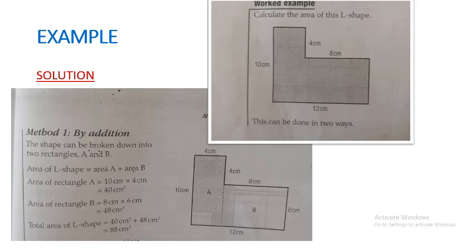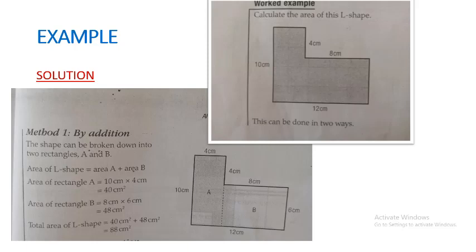The length of rectangle B is 8 centimeter, as you can see, and the width is 6 centimeter. So to find the area of this rectangle B, we are going to multiply 8 centimeter by 6 centimeter. So the answer is 48 square centimeter.